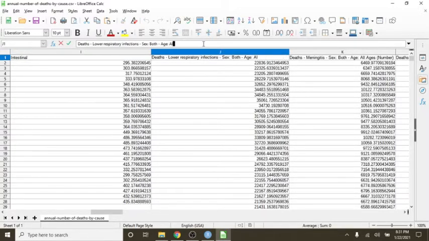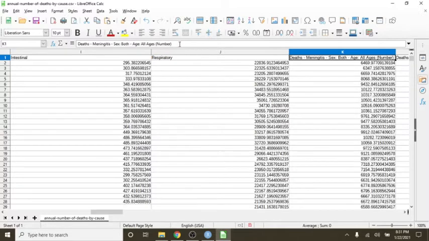That would, of course, probably. I'm going to change this to respiratory. A respiratory may include COVID-19, by the way. Respiratory, meningitis.